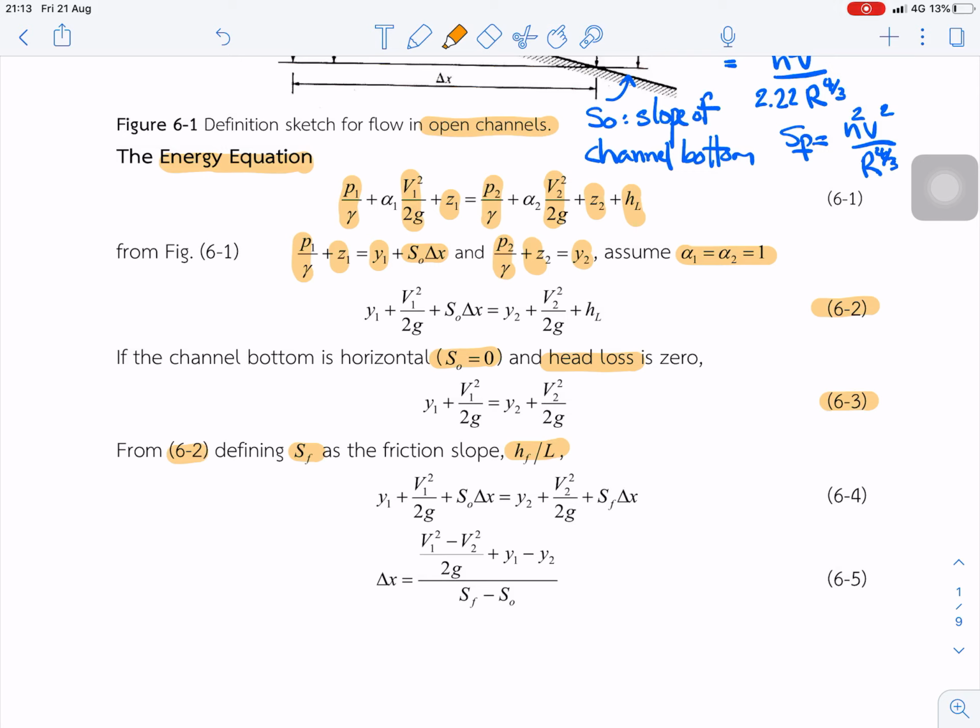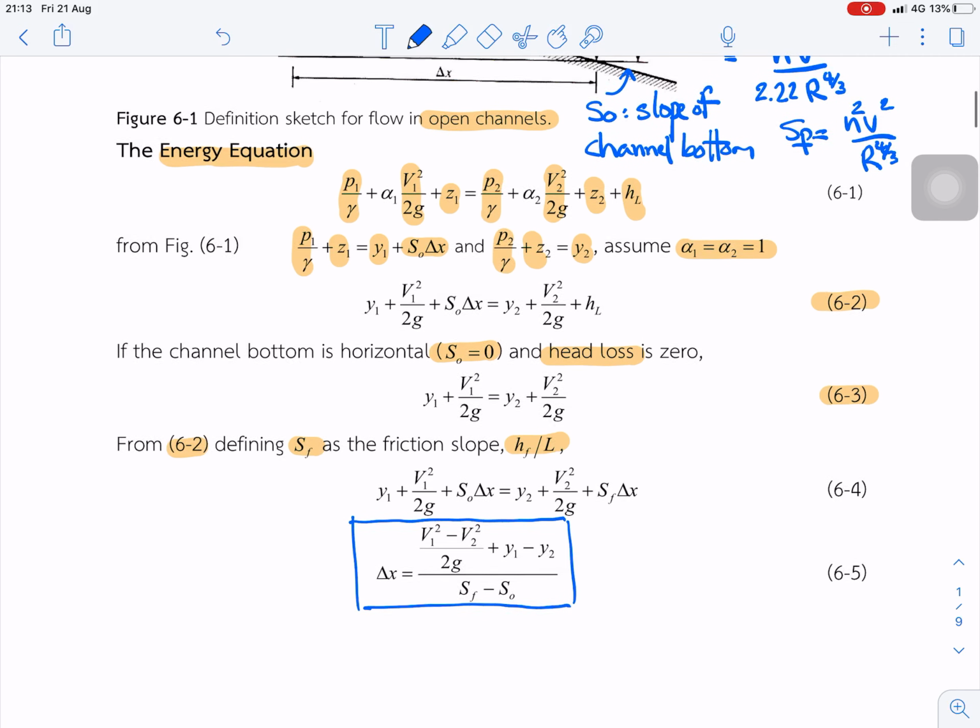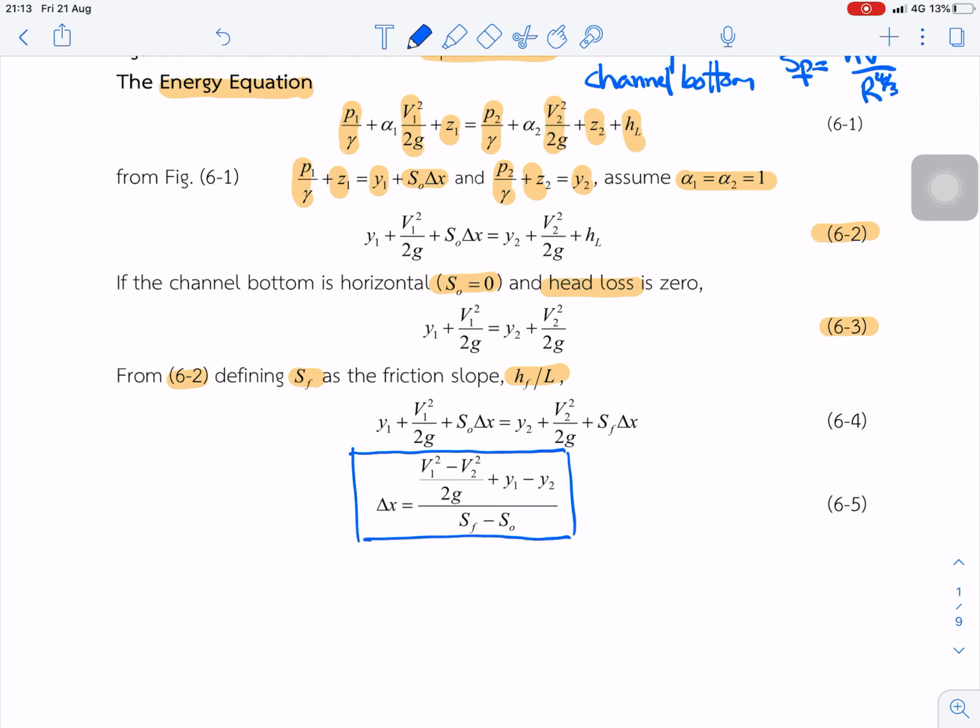So we got the equation of delta x. Or we can write another form: delta x is equal to the difference in energy between point 1 and point 2, divided by SF minus S naught.